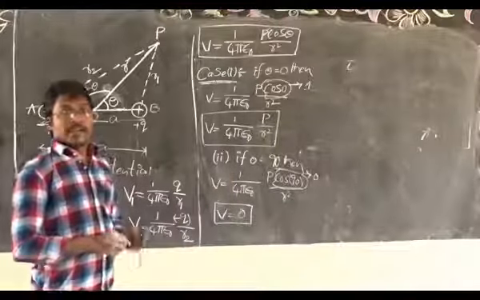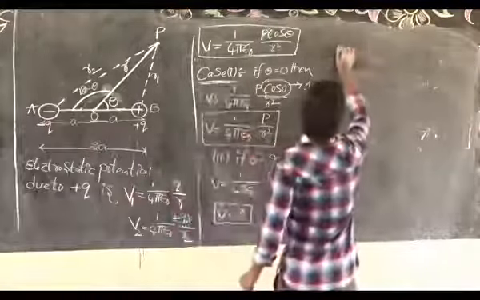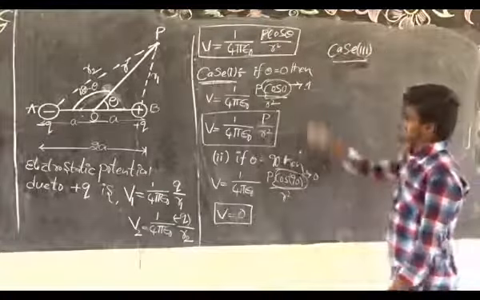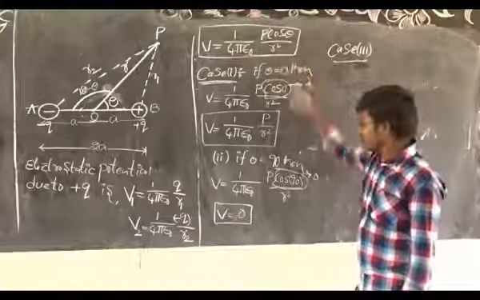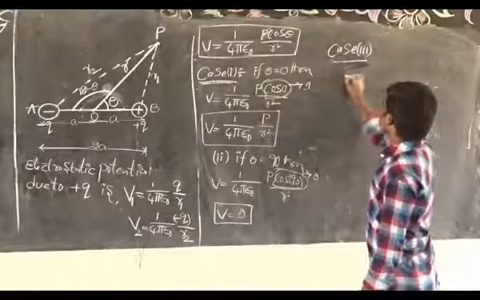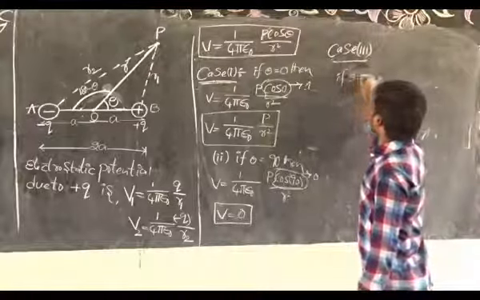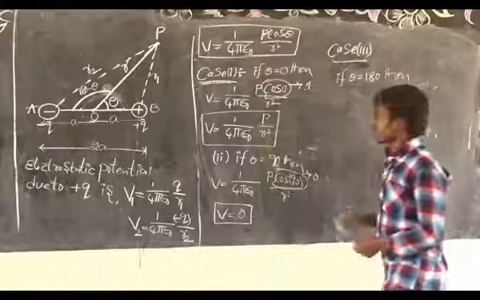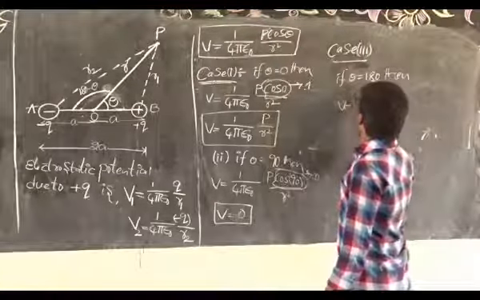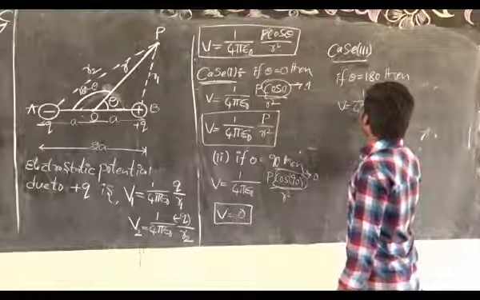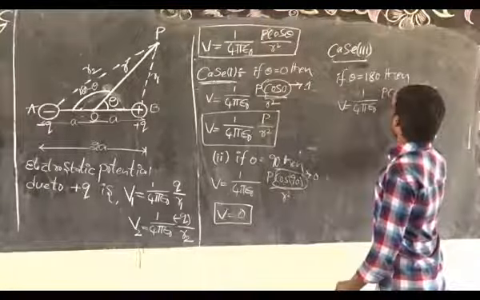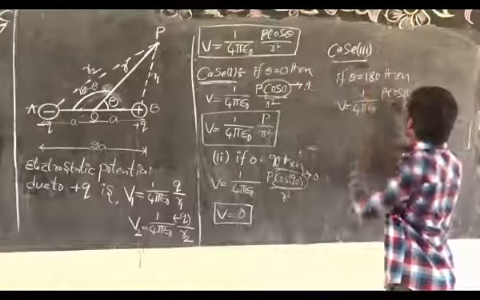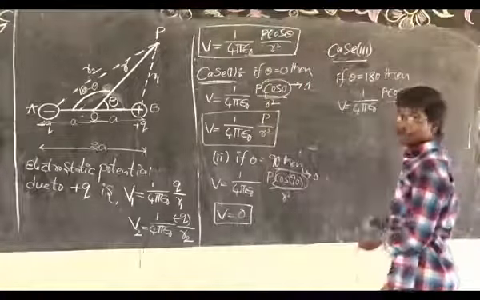And final, case 3. First you considered theta value 0, after that 90, now you should take 180. If theta is equal to 180, then V is equal to 1 by 4 pi epsilon naught into P cos 180 by r square.